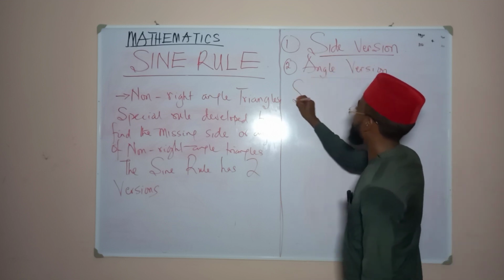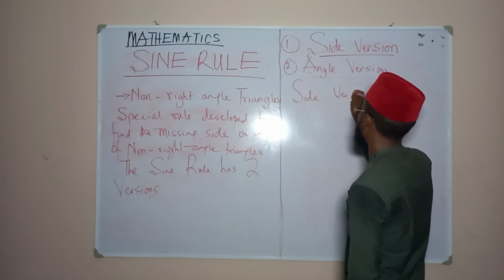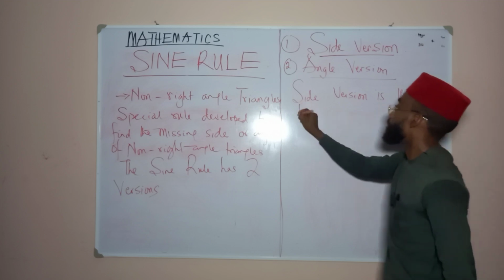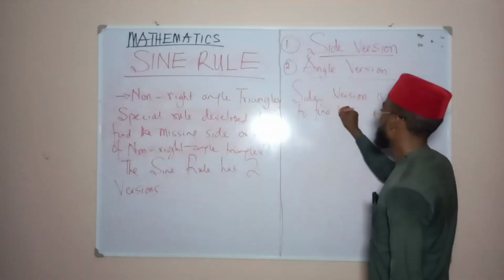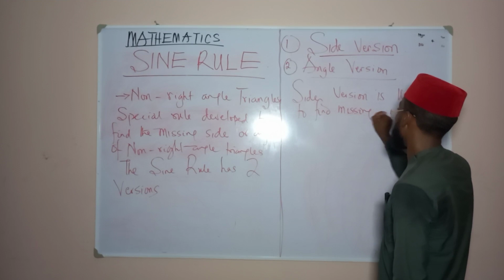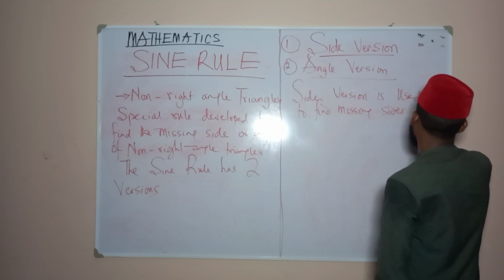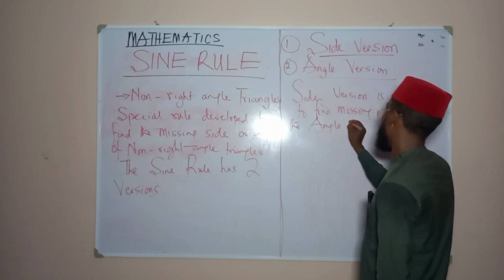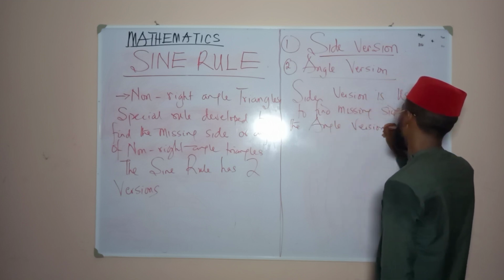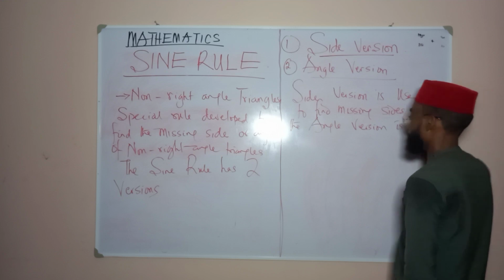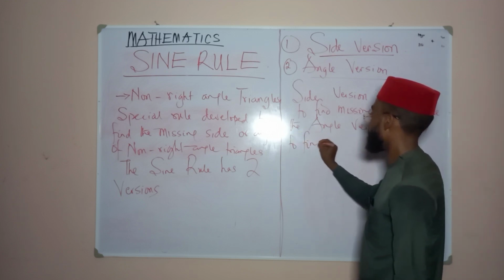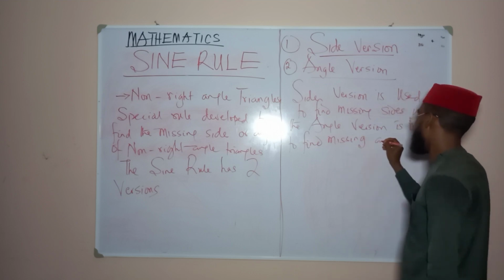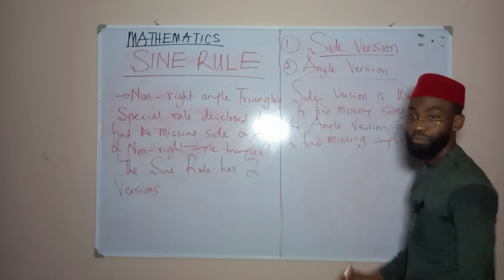The side version is used to find missing sides, while the angle version is used to find missing angles. We're going to take everything step by step. Just follow us as we go through it.